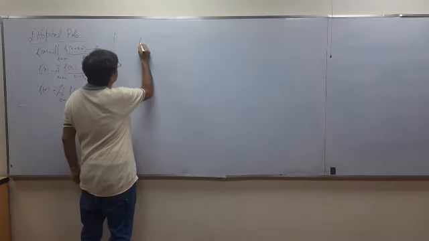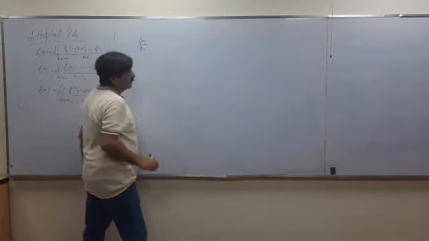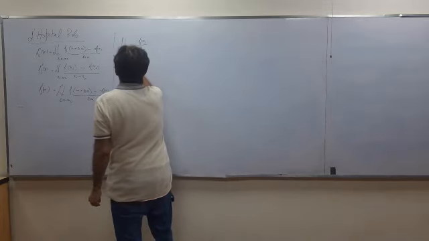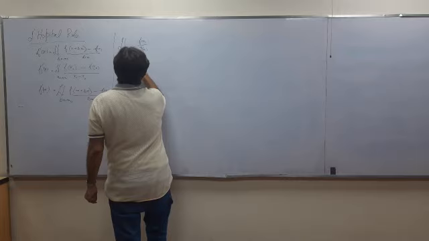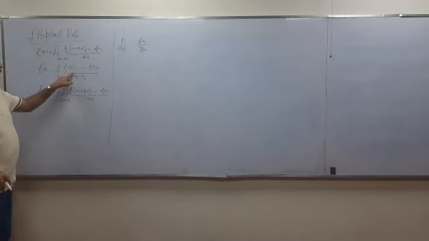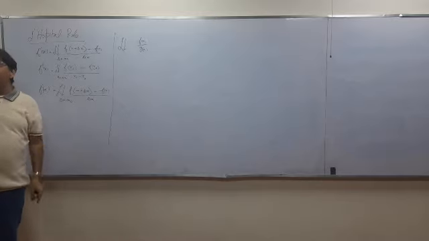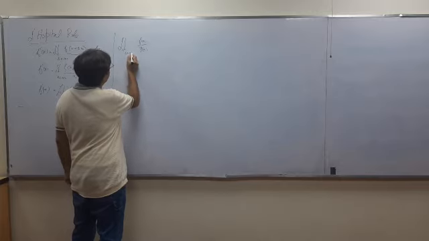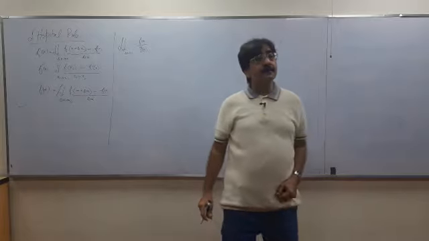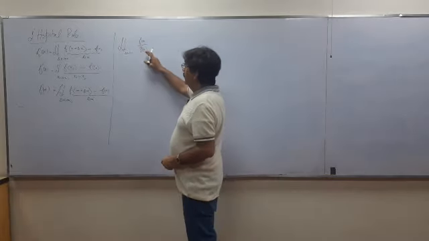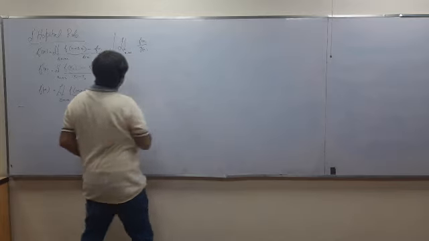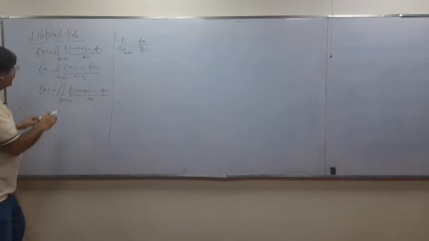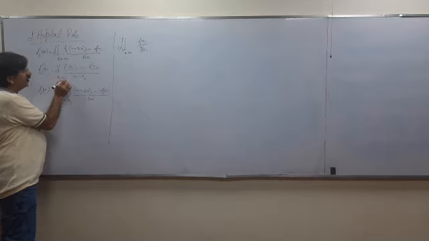So if there are two functions, fx and gx, with xf and x naught as the final and initial value: xf is the final point and x naught is the initial point.